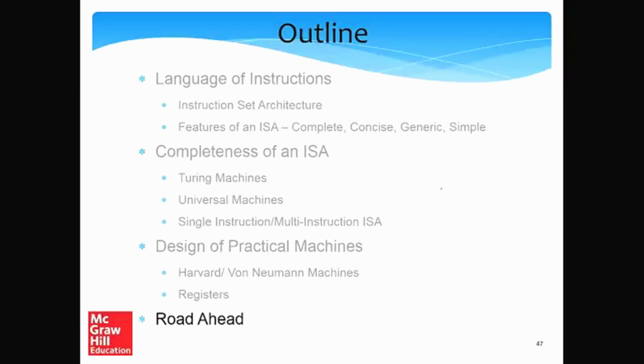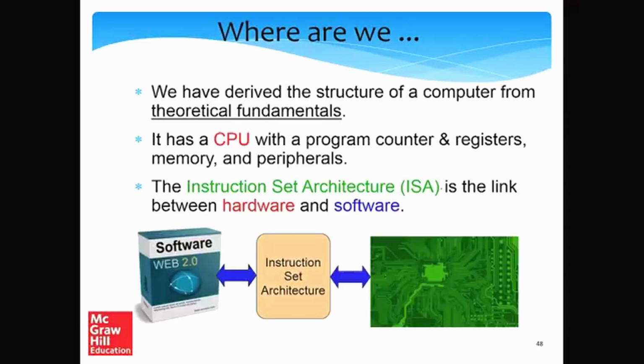So what is left? The road ahead. What we have done in this small lecture is that we have derived the structure of a computer processing unit from extremely theoretical arguments. We have sort of derived what a computer should look like.